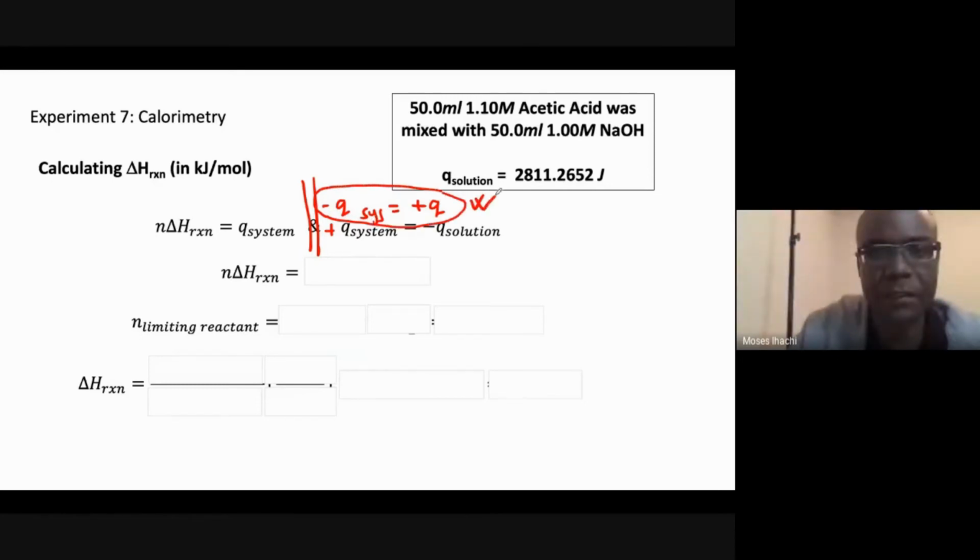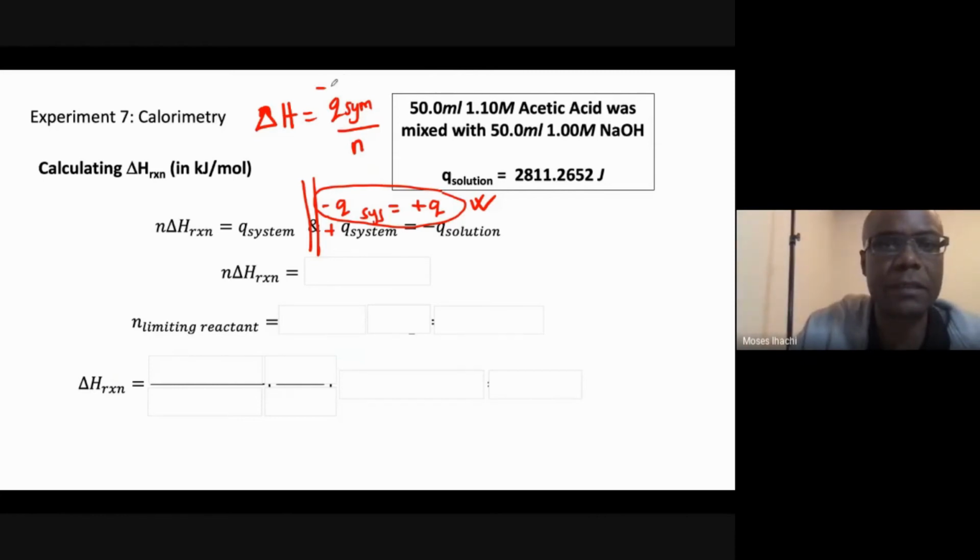That's our situation for our lab. So remember, we derived and said that to find heat of reaction is always Q of the system divided by number of moles of the limiting reactant.